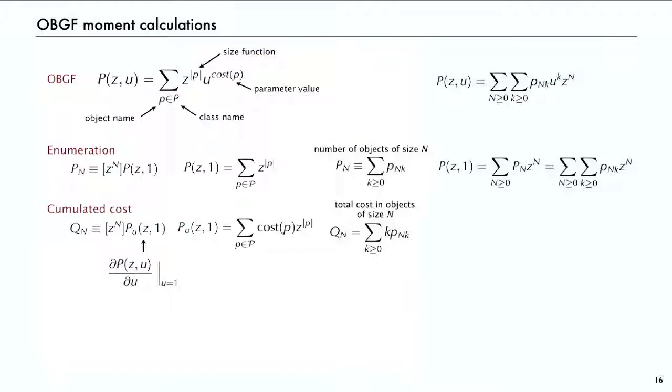Well, what we do is we differentiate with respect to u, that's the marker variable for the cost, and then evaluate at z equals 1, at u equals 1. So that's the partial with respect to u of the ordinary bivariate generating function evaluated at u equals 1.